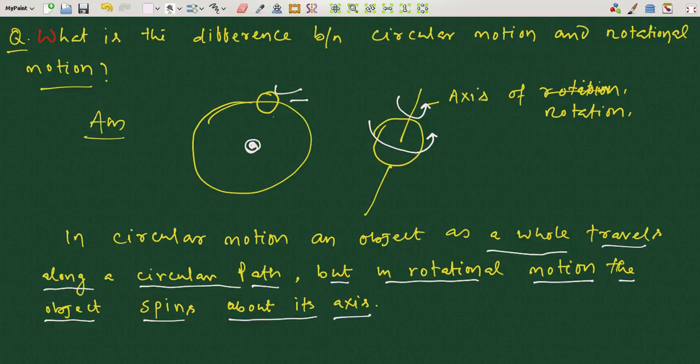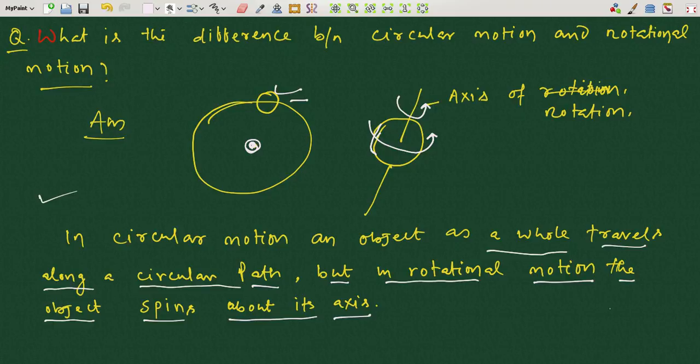This is circular motion. Here the whole earth is moving around the sun in a circular path, but in rotational motion, the earth is a body which is just rotating about its axis of rotation. This is called rotational motion. So this basic difference is a question that may come in your exam.